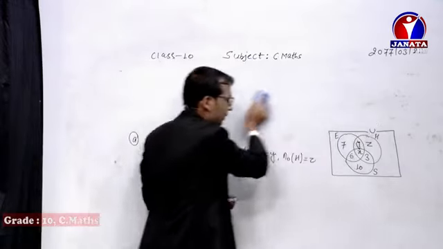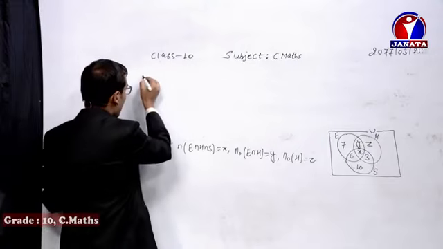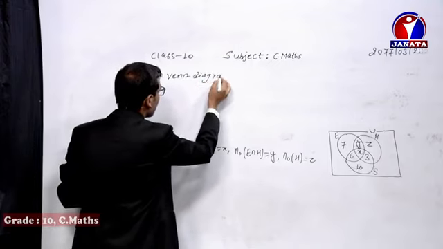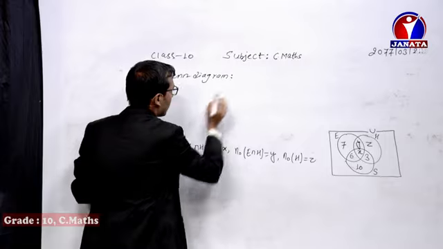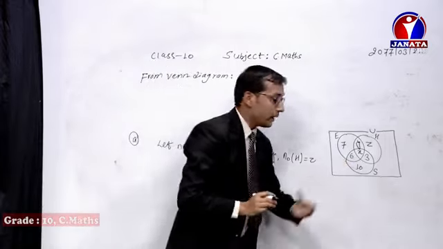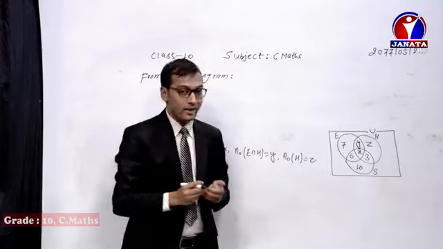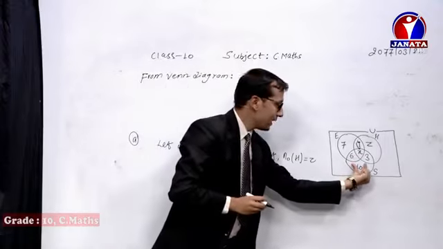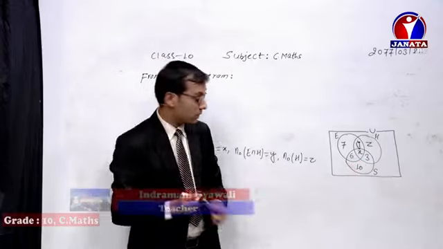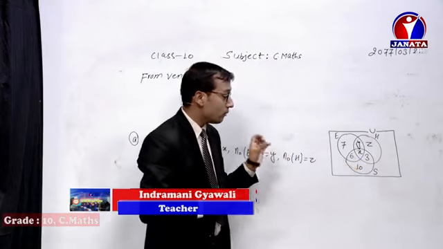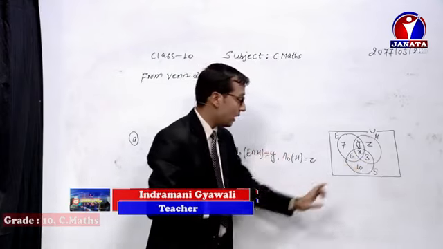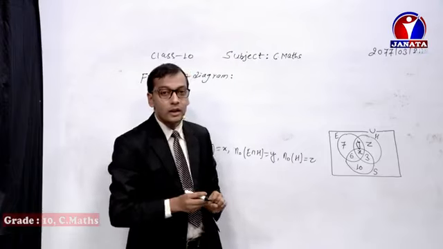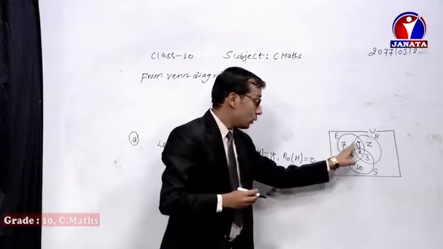Now with the help of the Venn diagram, let me explain how we find X, Y and Z. If we look at the circle of S, there are 4 different regions whose numbers we have already inserted are 3, 10 and 6, but X is unknown in set S. Similarly, if we look at E, there are 4 regions.